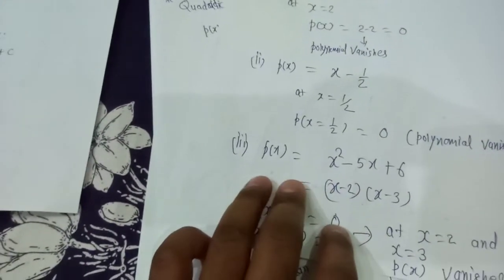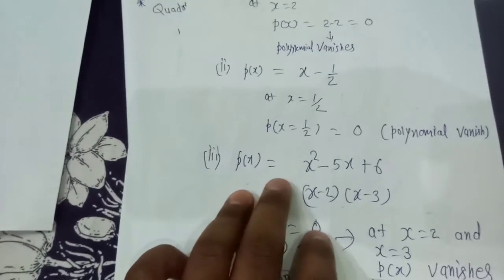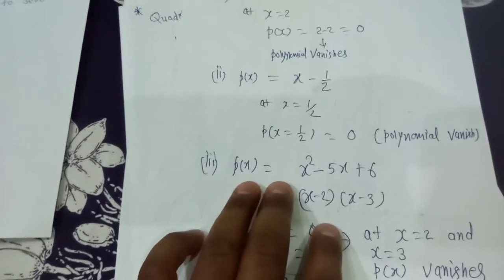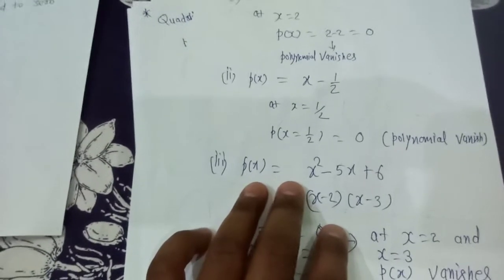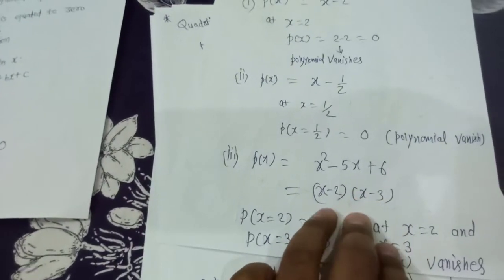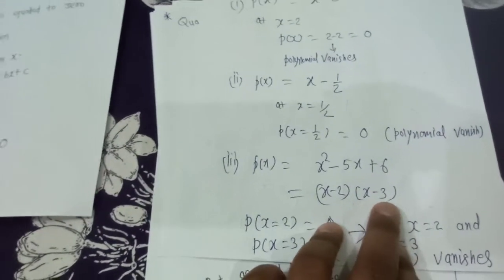And suppose we are looking at a quadratic polynomial. Here we are given the quadratic polynomial x square minus 5x plus 6. If we factorize it, it will come as x minus 2 into x minus 3.